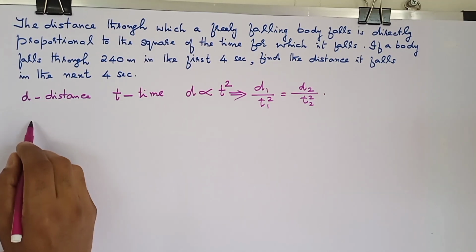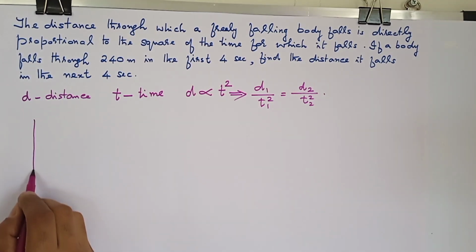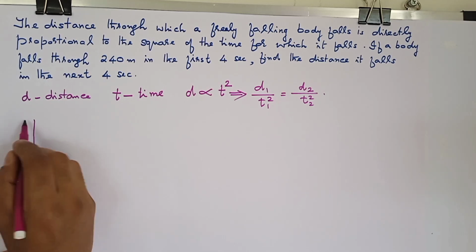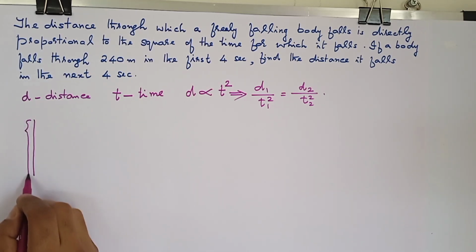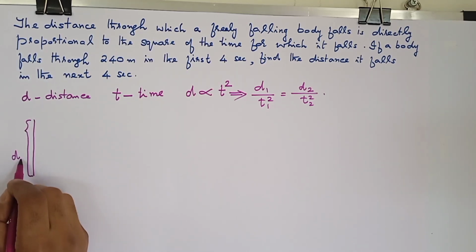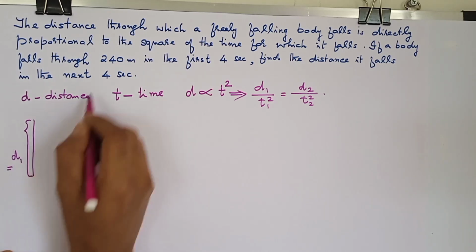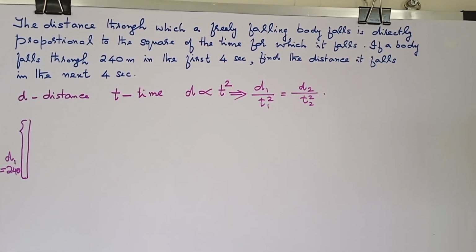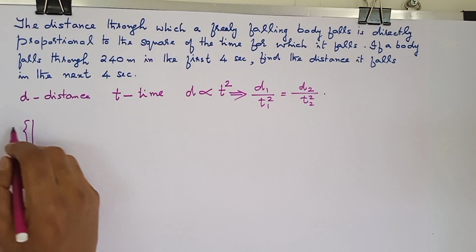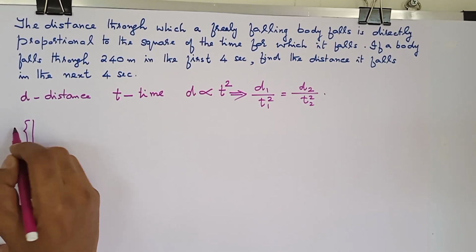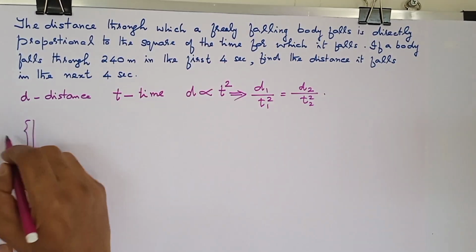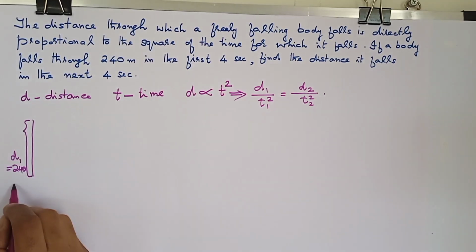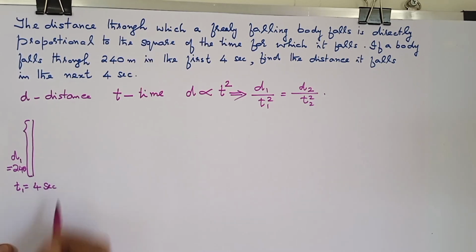Okay, let's plot it like this. The first 4 seconds, let this much be the D1, which is given to be 240 meter, and the body falls this in how long? 4 seconds. That means corresponding to which T1 may be taken as 4 seconds.